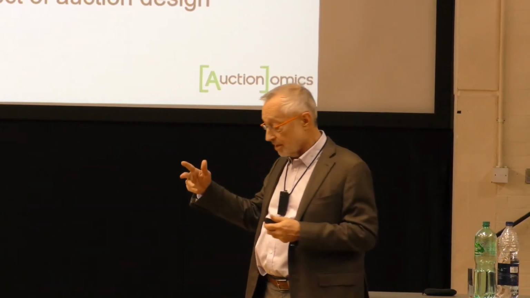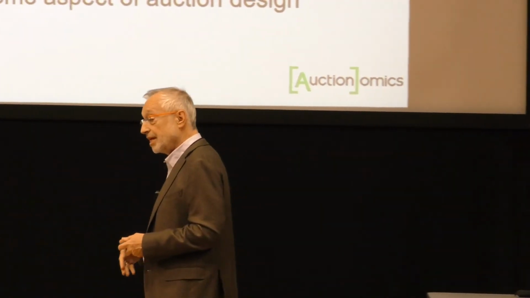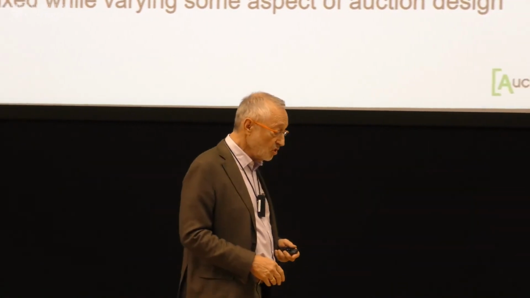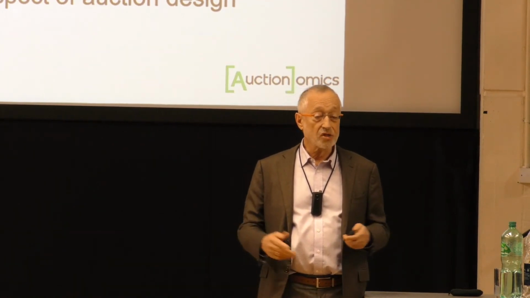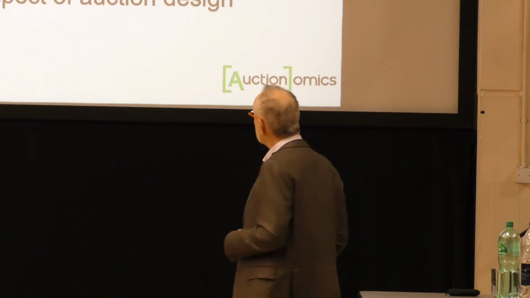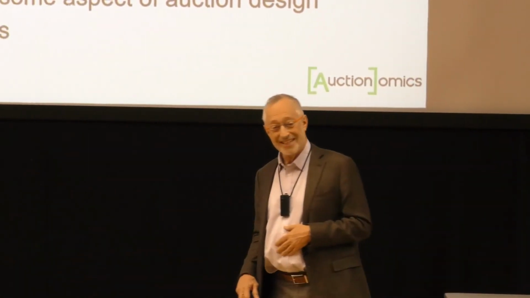We talk about changes that we might have made in the rules and what effect they would have had on the auction outcome. So holding fixed the simulated values and the simulated participation decisions, we say if the auction had been run slightly differently, what would have happened in the auction according to that. So that's the basic simulation methodology. Everybody out there clear? Okay. And of course, we compare the outcomes.